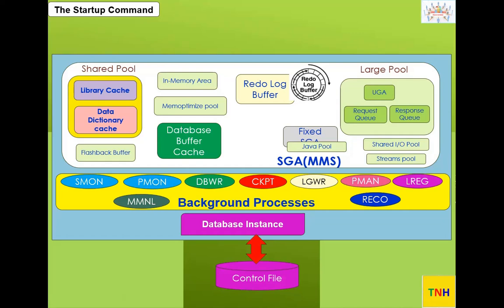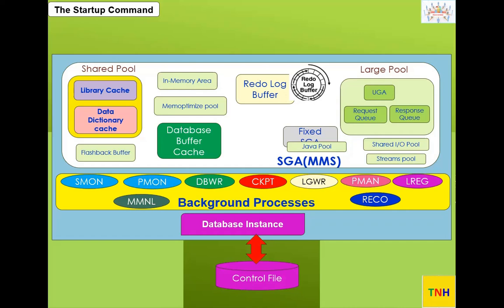Because to continue to open, Oracle should know where are the DBF files, where are the log files. Now those information are there in the control file. The location of the database files, the path, the size, name, everything. Current status of the DBF files and current status of the log files, everything is there in the control file.